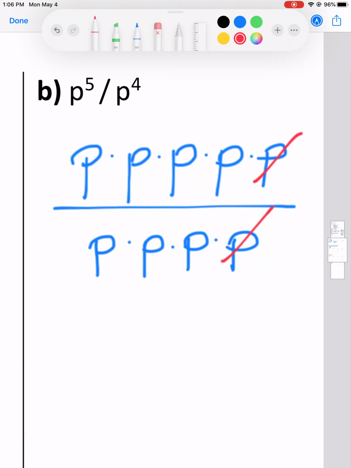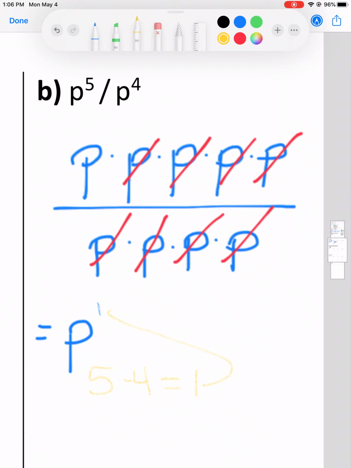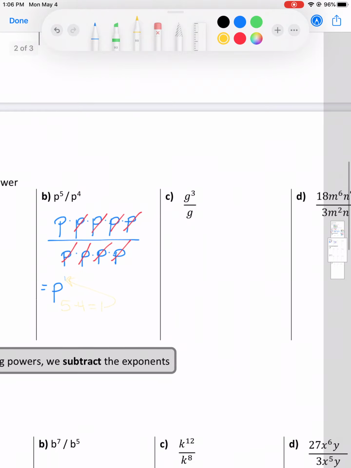That one with that one, that one with that one, that one with that one, that one with that one. Remember, multiplication and division are opposite. What are we left with? p, p to the power 1. But we don't need to write the 1, right? Again, if you were to do 5 minus 4, you get 1. See how it's all coming together?